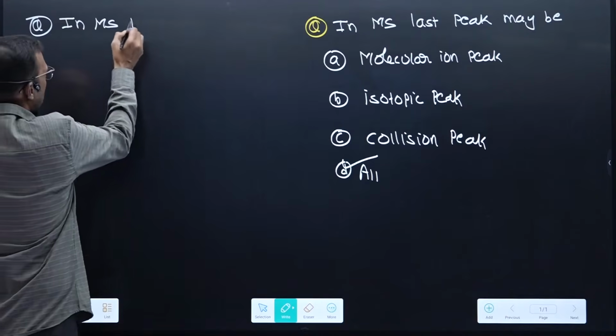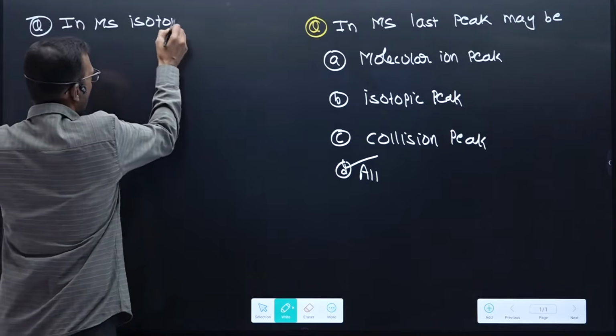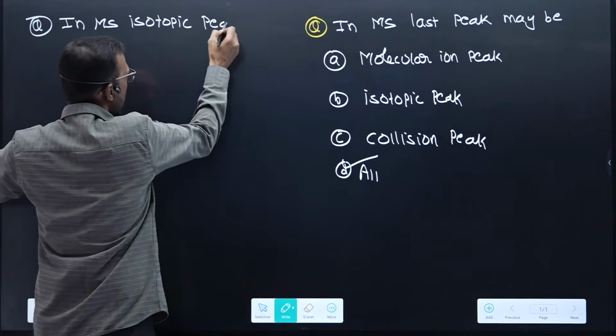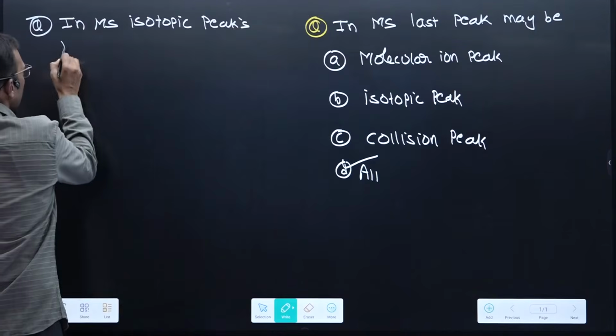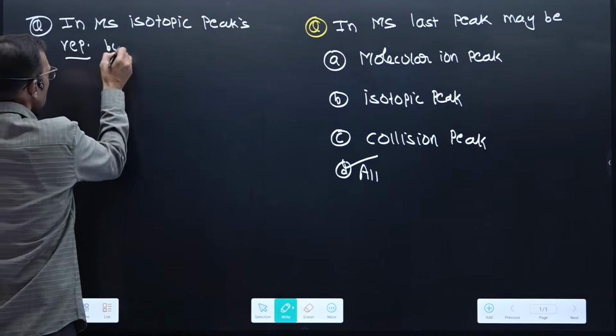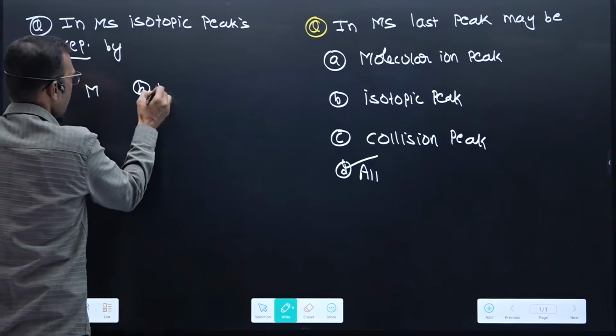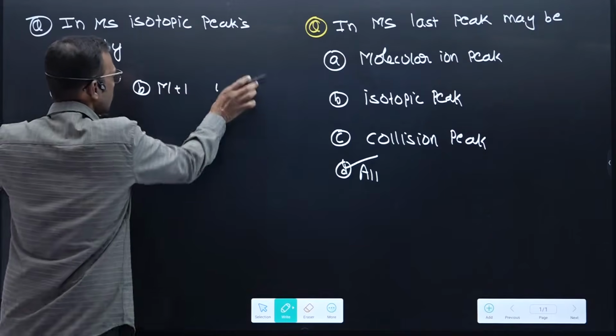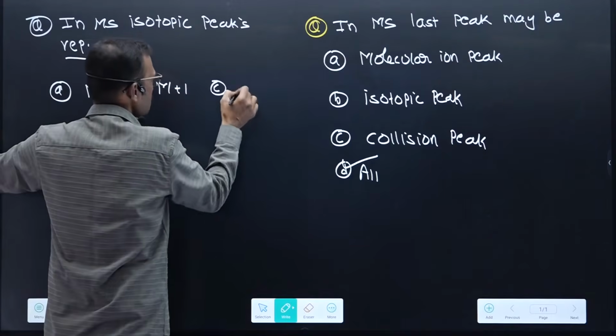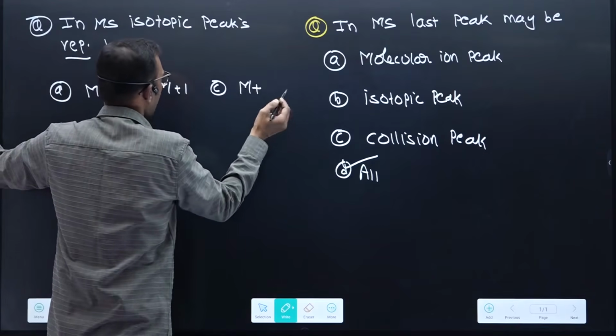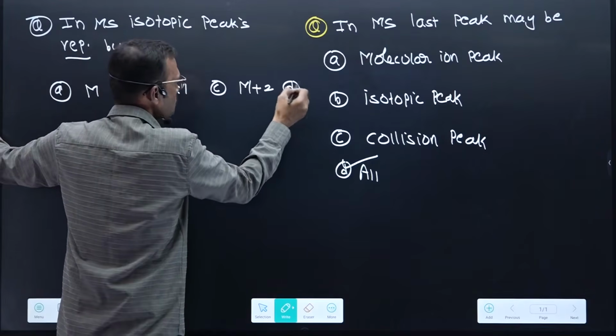Next. In the mass spectrum, how are isotopic peaks represented? This is M, option B, M plus 1, option C, M plus 2, option D, all.